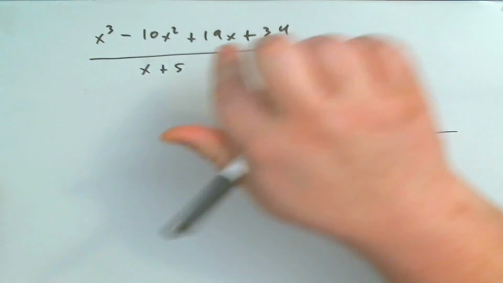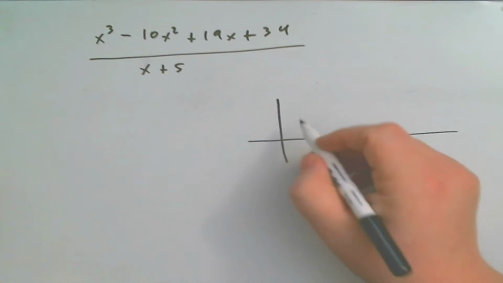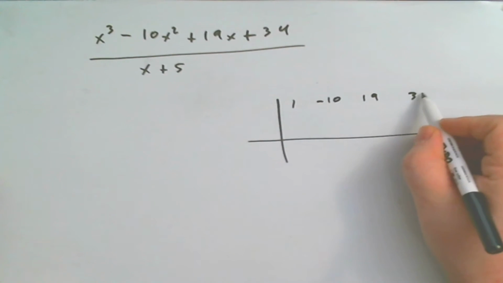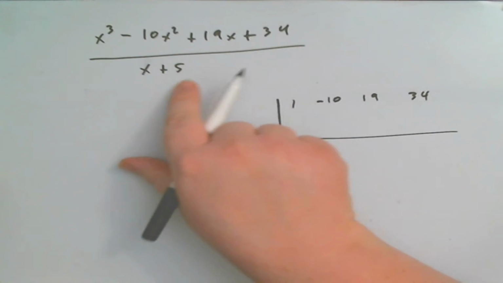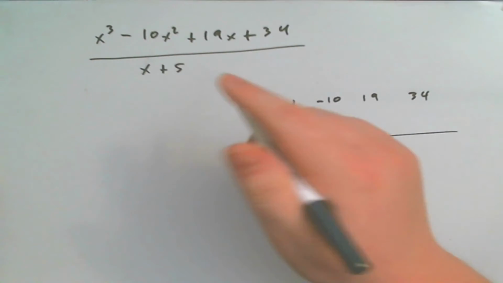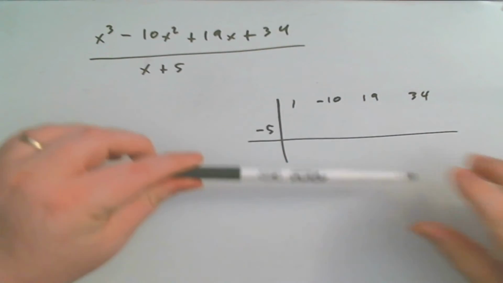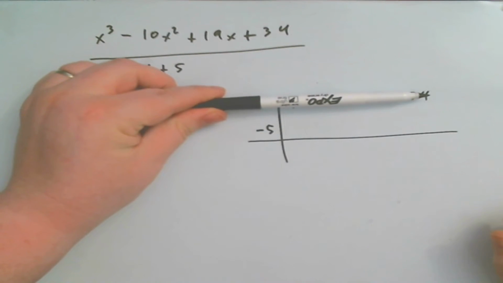We write all the coefficients out in this first row: 1, -10, 19, 34. We take the opposite of this number here, so this 5 is going to become -5. Imagine that we have a row here and a row here, so this goes in the first row, while the coefficients are in the second row.